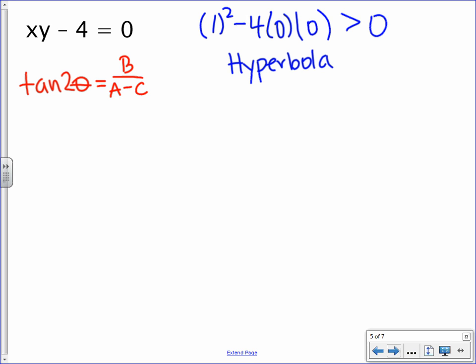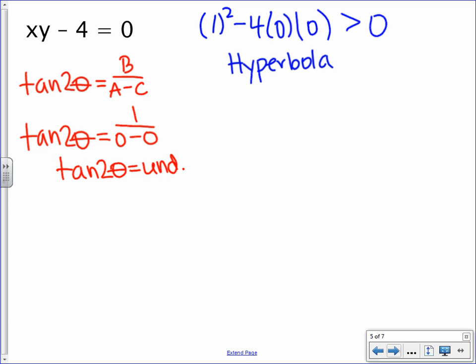Correct? So b was 1, a and c were both 0. What is 1 divided by 0? Undefined. So right now we have the tangent of 2 theta is undefined.